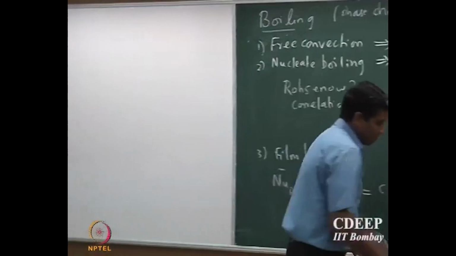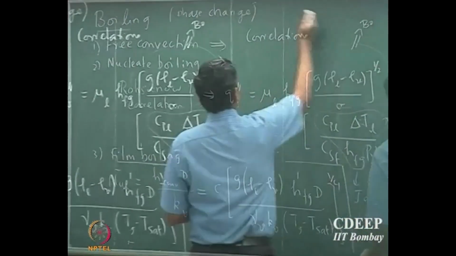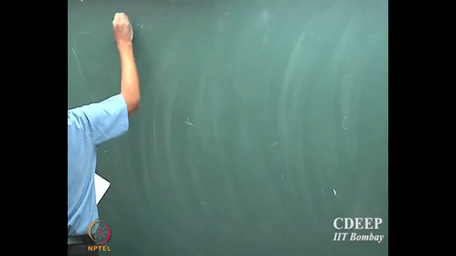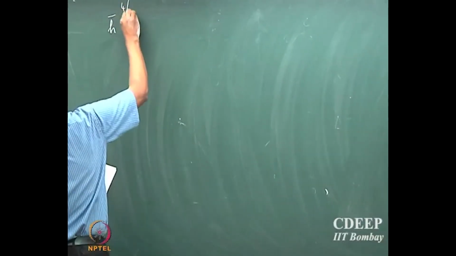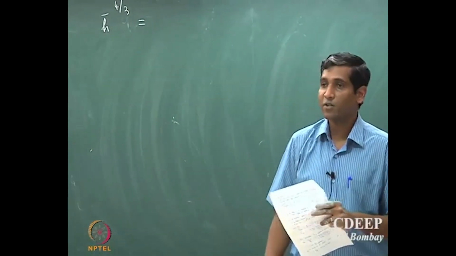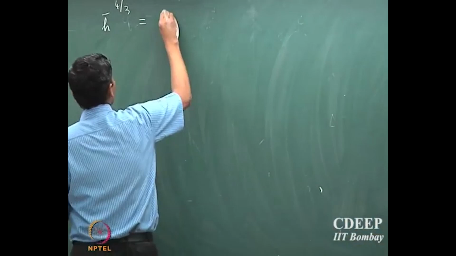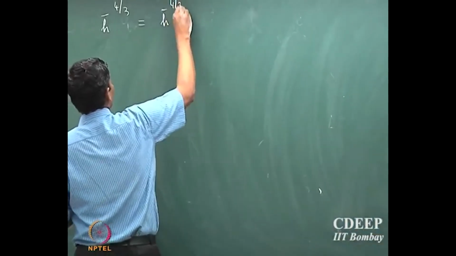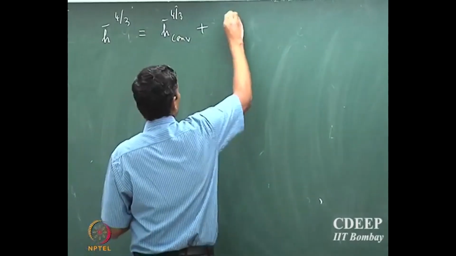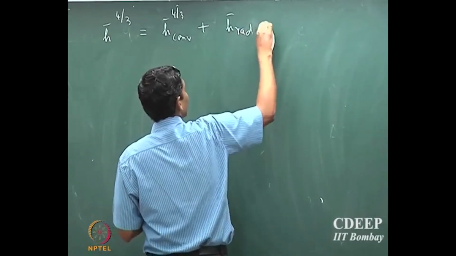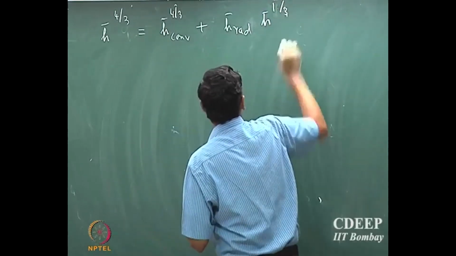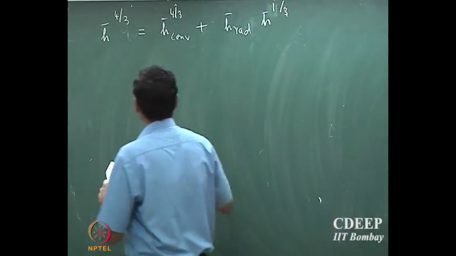Suppose you have the radiation mode of heat transport also, then the overall heat transport coefficient, H bar, is related as H bar to the power of 4 by 3 equals H bar convection to the power of 4 by 3 plus H bar radiation into H bar. So note that it's not linear.